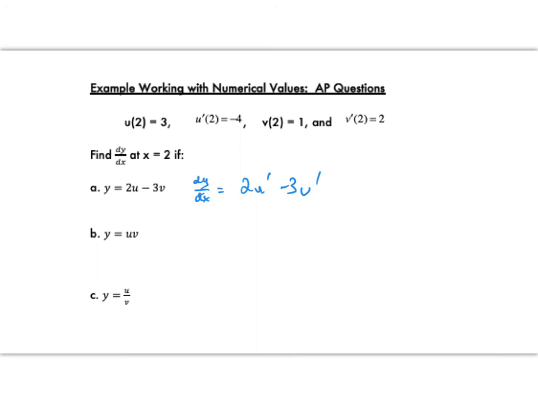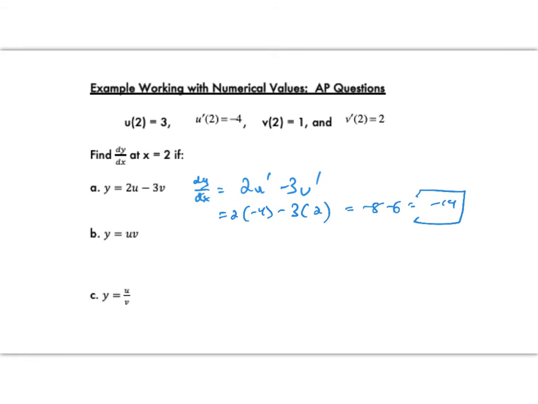And at an x value of 2, I know what those derivatives are worth because I've got them right here and right here. So now I'm going to sub those in, and we're going to see what happens. Wow, a rather large negative 14.